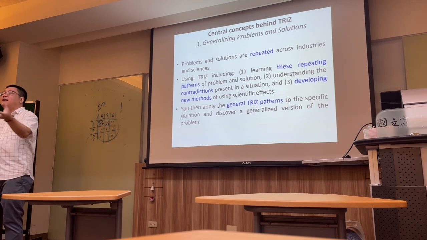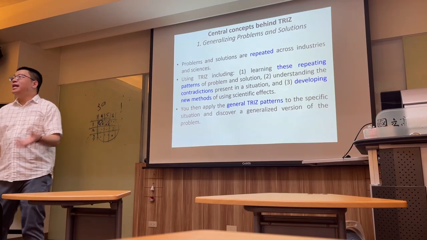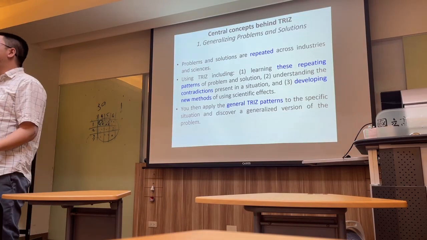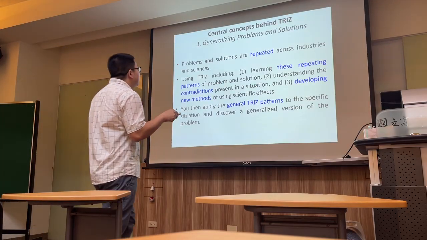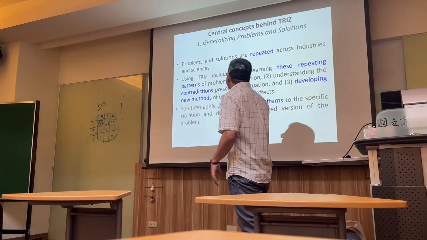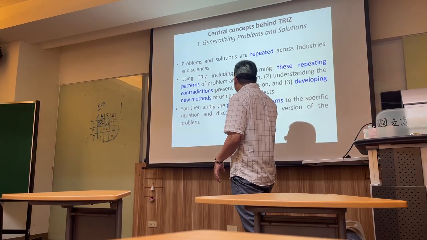That's why I say this theory was initially developed in the engineering industry, but it can be applied to other industries because the problems and solutions are repeated across industries. Using TRIZ includes learning these repeated patterns and understanding the contradictions.